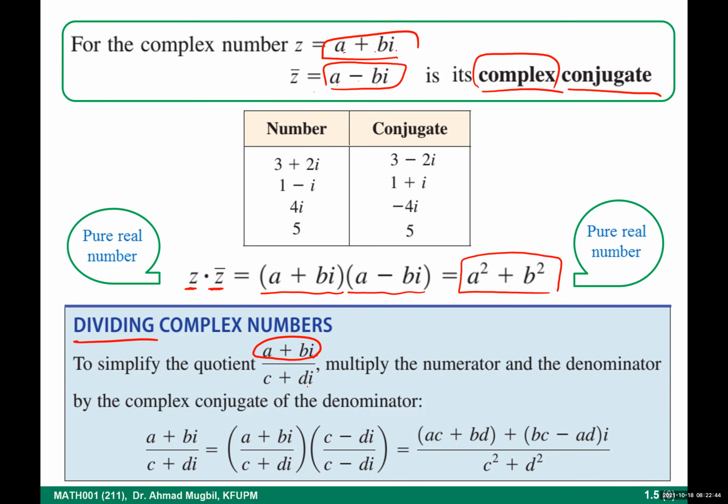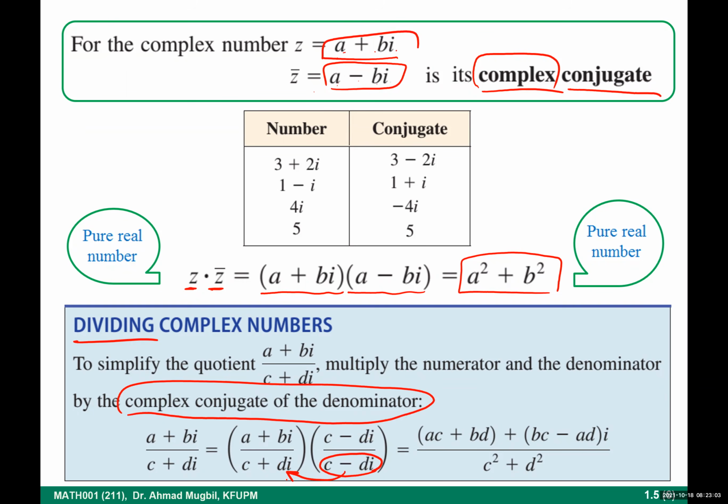Then to divide, you need to multiply the numerator and the denominator, both of them, by the complex conjugate of the denominator. So here we multiply by c minus di and divide by c minus di at the same time. This is the conjugate of the denominator.